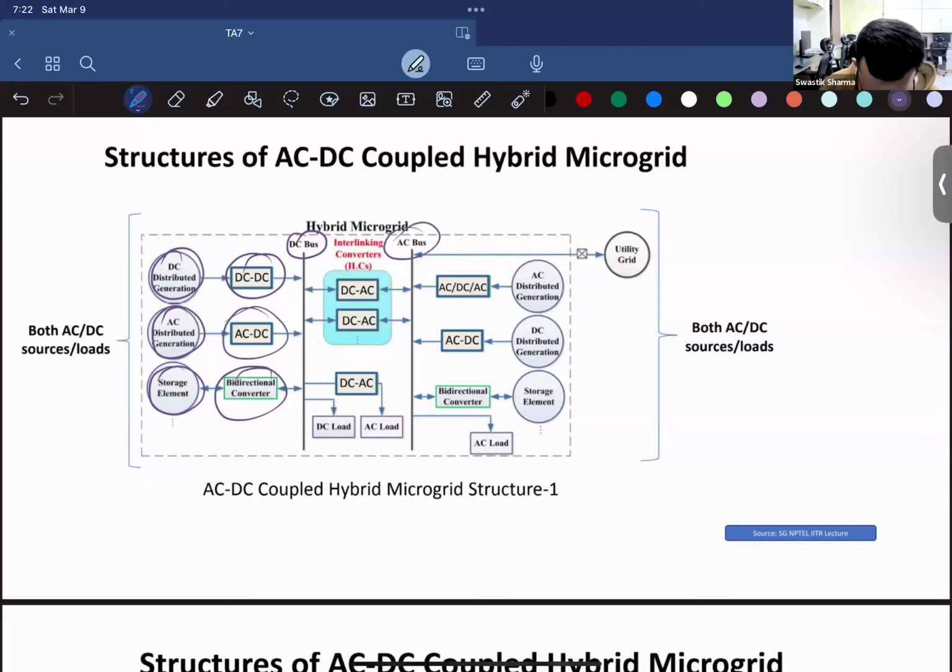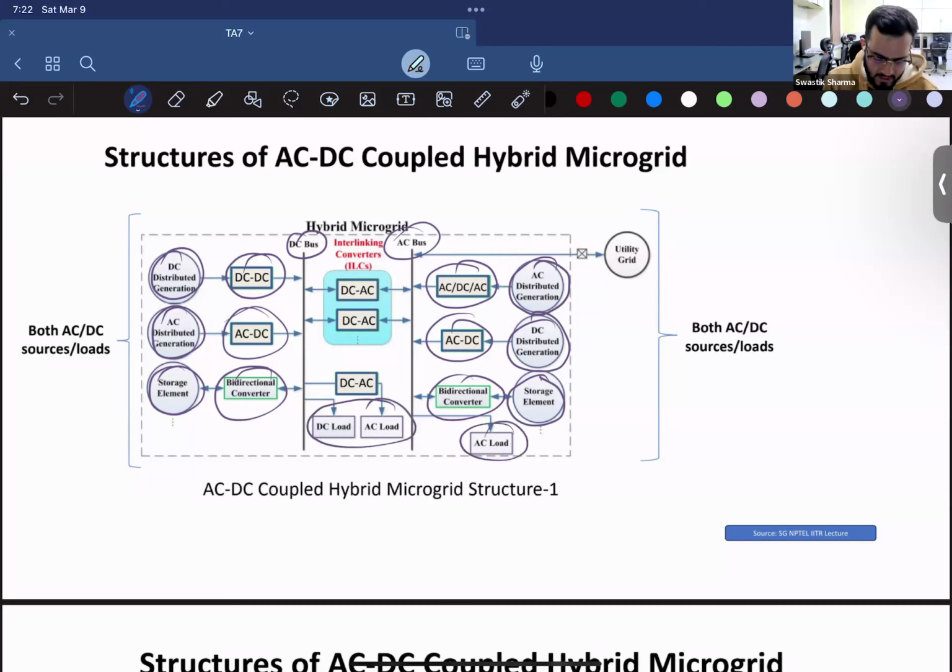We have an AC side as well, where we have AC distributed generation, DC distributed generation, and storage elements, and we use converters to connect to the AC bus as well. We have localized loads, and we are also connected to the utility grid from the AC bus, because for the AC bus you don't require a converter to connect to it.